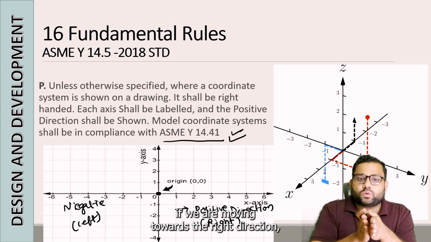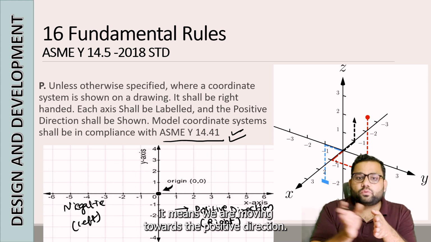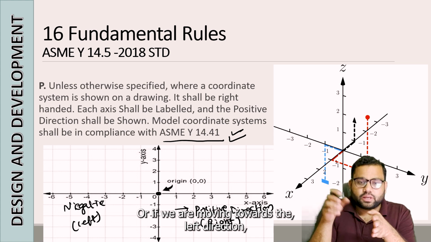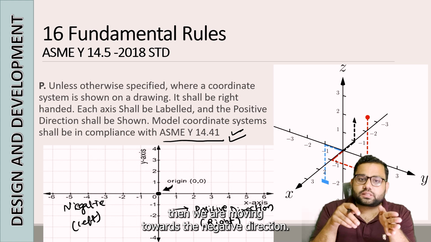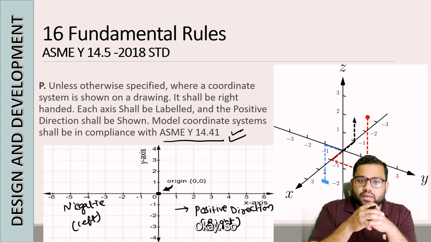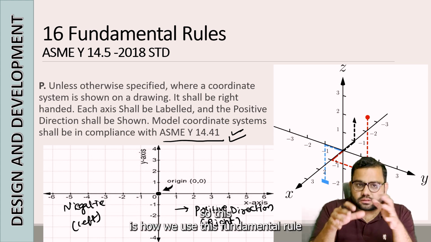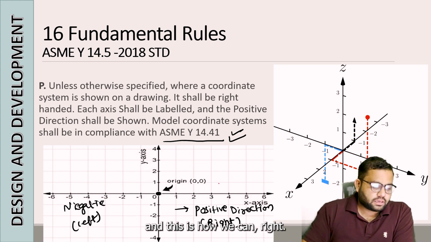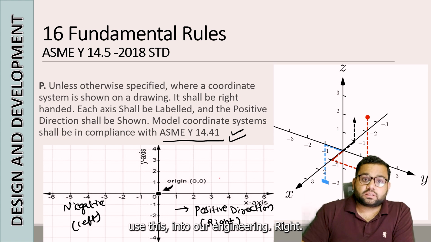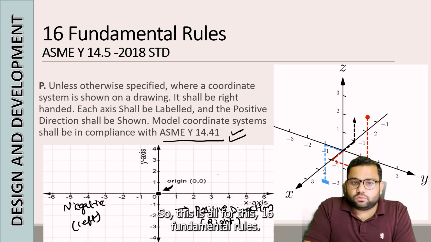If we move towards the right, we are moving in the positive direction, and if we move towards the left, we are moving in the negative direction. So this is how we use this fundamental rule in our engineering drawing. This is all for these 16 fundamental rules.